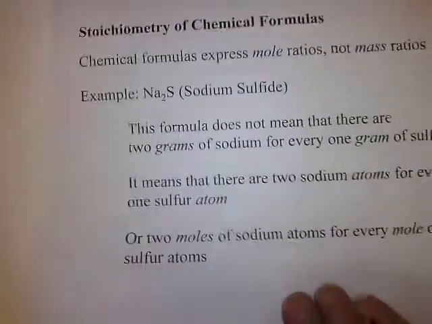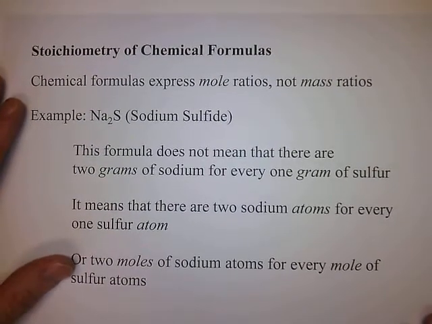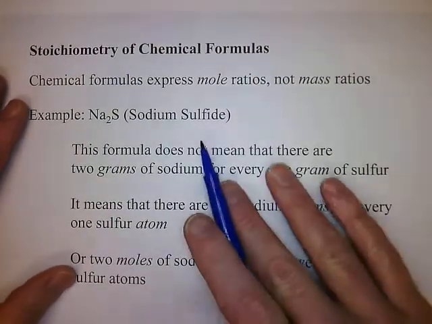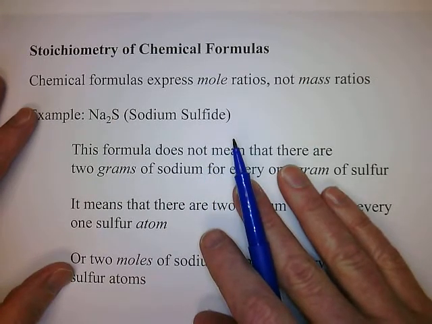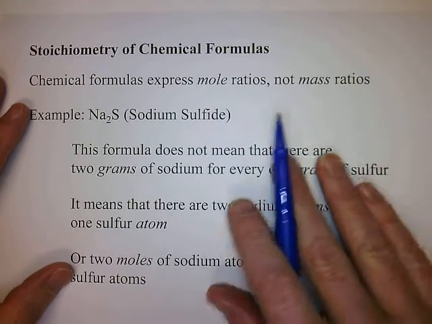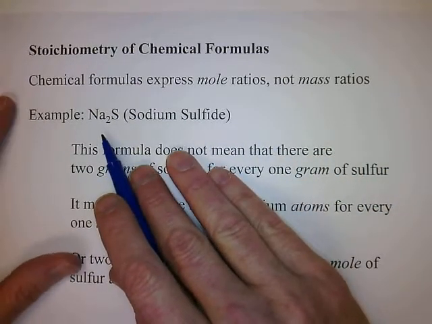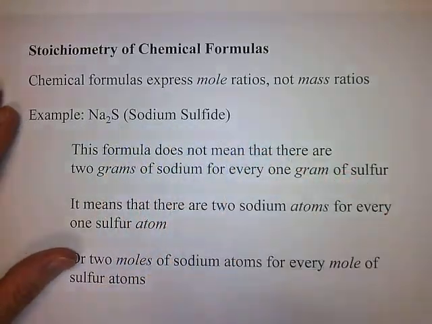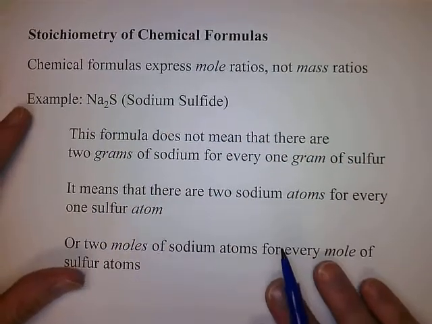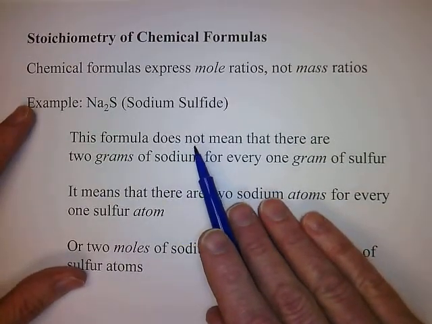So let's talk here now about stoichiometry and chemical formulas. Chemical formulas express mole ratios, not mass ratios. For example, if we look at a very simple compound like sodium sulfide, Na2S, first of all, let's talk about what it does not mean.